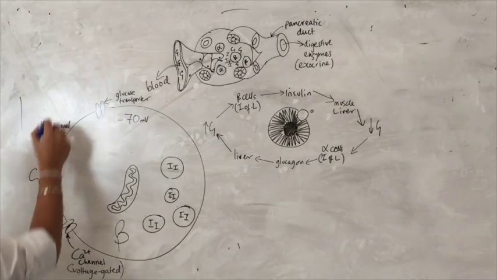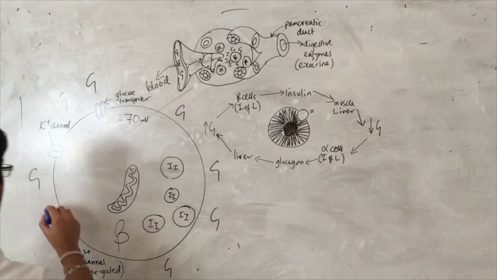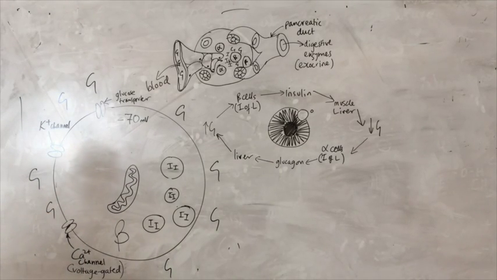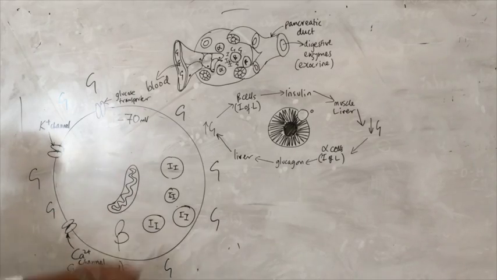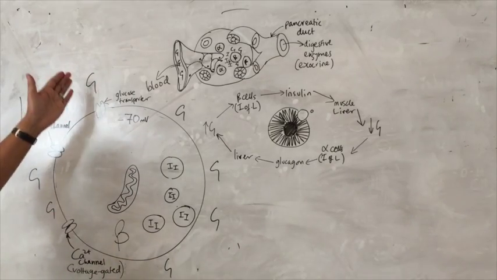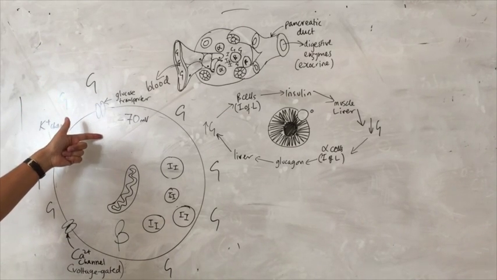So glucose is surrounding this cell after a meal. Now this is a beta cell, and there are a number of components that we need to be aware of. First, there's a glucose transporter in the cell surface membrane, which allows glucose to move down its concentration gradient, to diffuse from the outside to the inside.